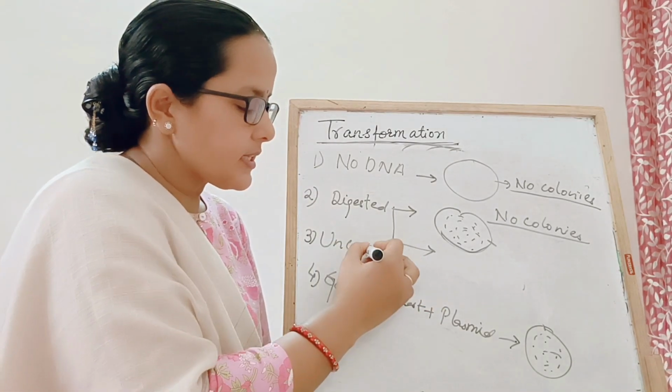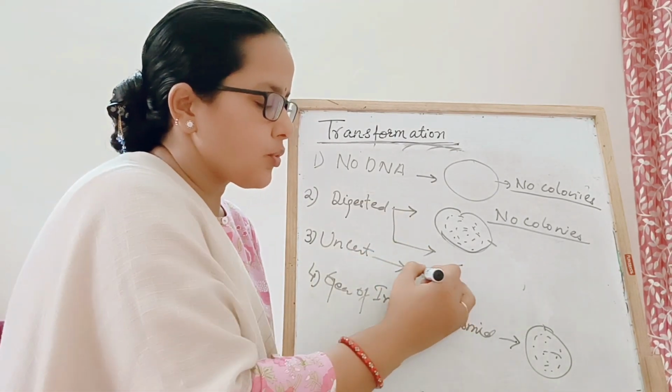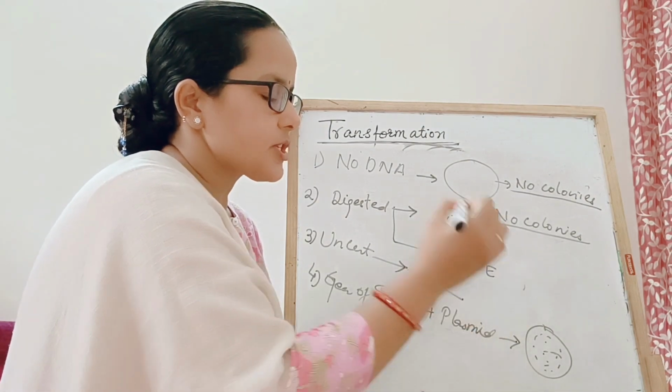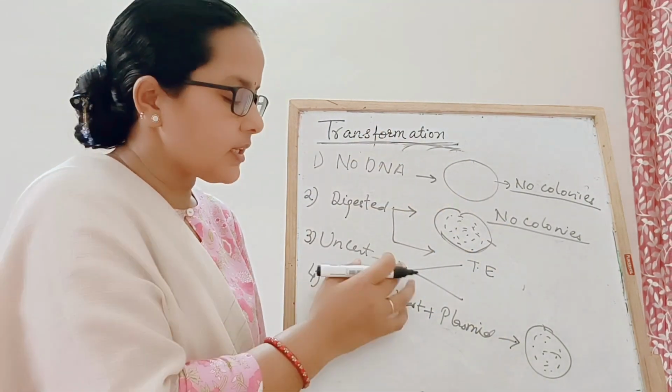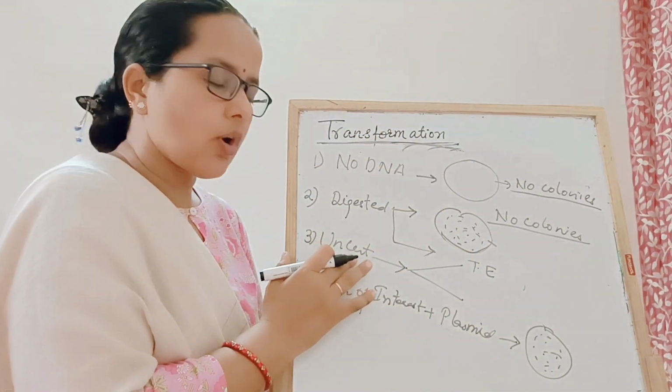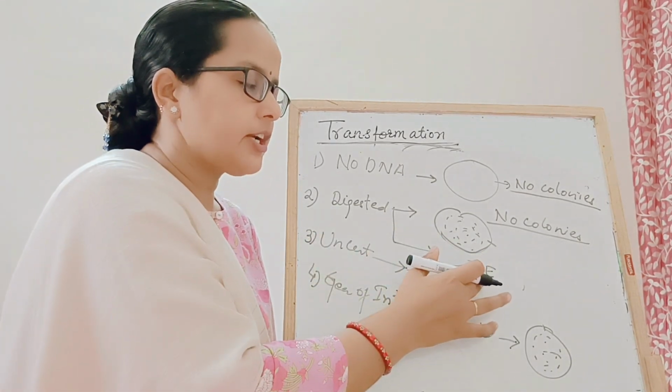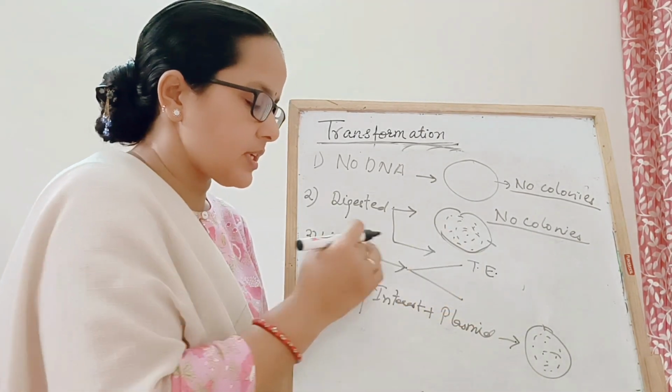And this uncut plasmid will tell 2 things. One, it will tell the transformation efficiency. You can calculate it with the uncut colonies. You will get colonies in uncut, so what will you interpret? You will calculate your transformation efficiency from this plate.